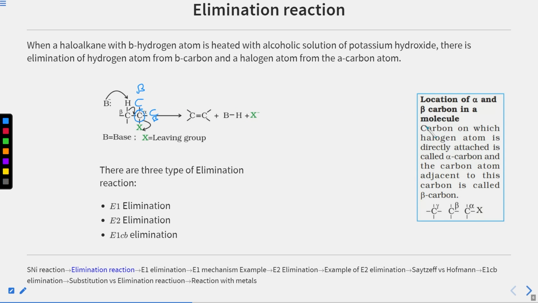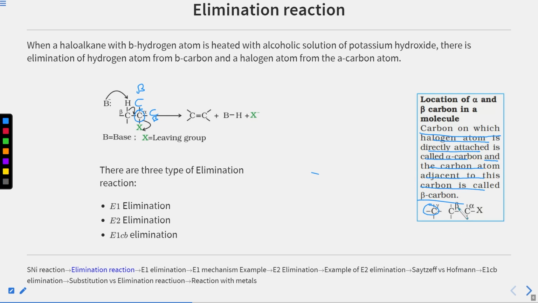So the carbon on which the halogen atom is directly attached is called the alpha carbon, and the carbon atom adjacent to this carbon atom is called the beta carbon. Adjacent carbon means the next or consecutive carbon. Then we have gamma, so alpha, beta, gamma, delta. That is the sequence, and we do not have to worry about it.